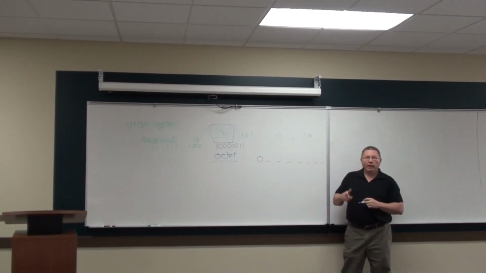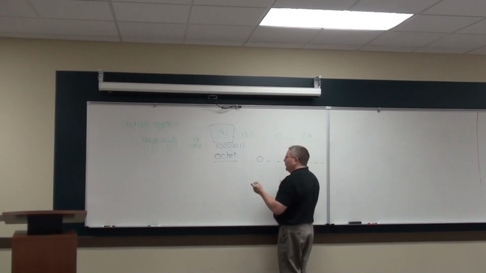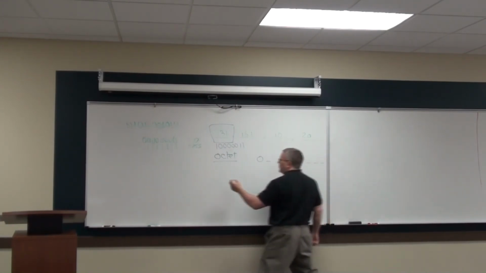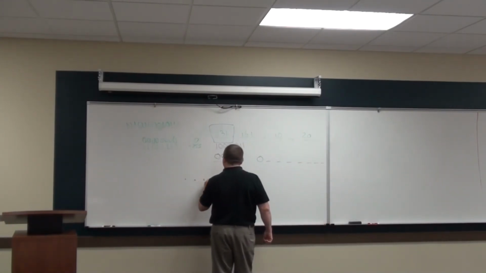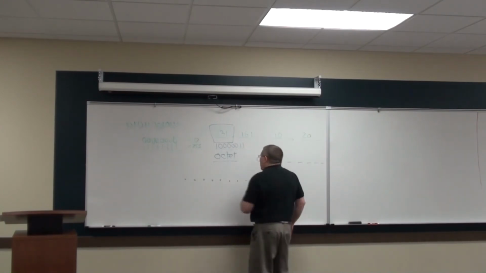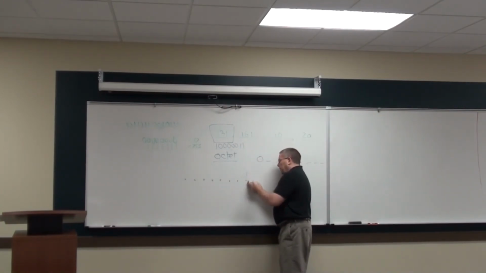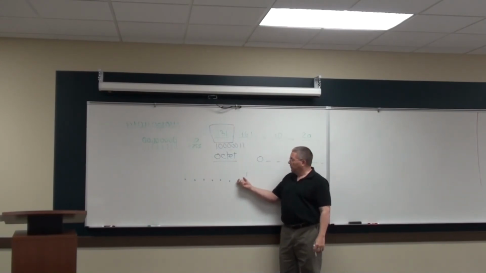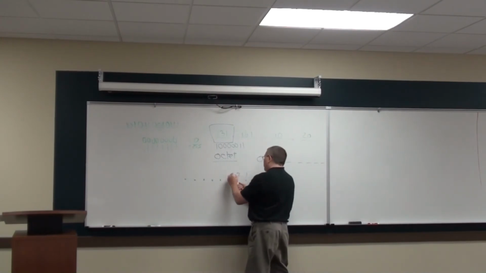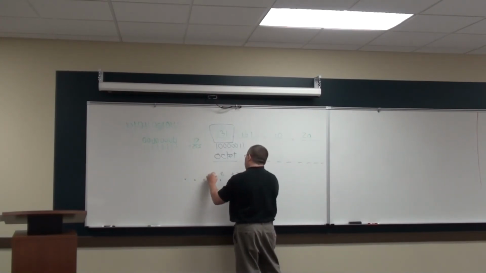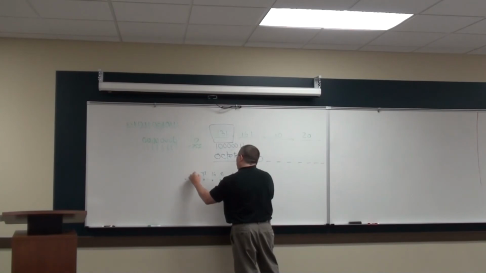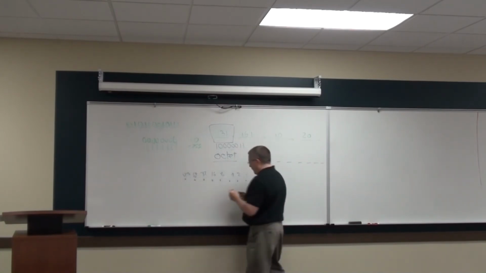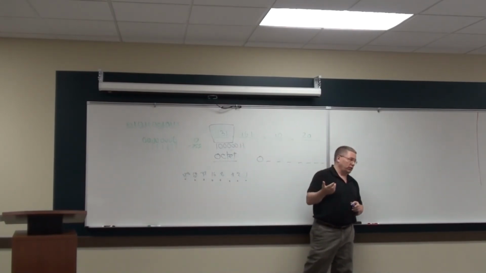Okay? If that's true, then if we know anything at all about binary, and let's put this on the board, we know that we start with 1. The first bit in a binary string has the value of 1, and as we move to the left, every value is doubled. So this is 2, 4, 8, 16, 32, 64, and 128. And you can think of this as a light switch.